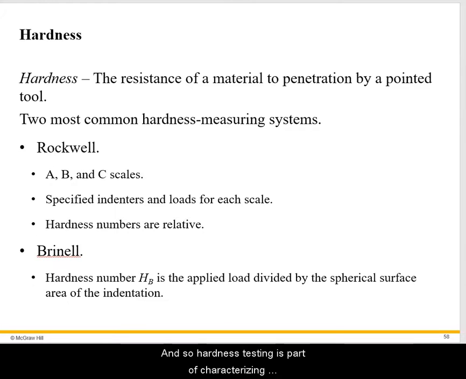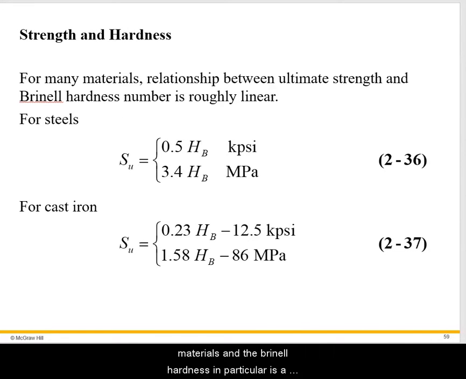Hardness testing is part of characterizing materials, and the Brinell hardness in particular has a roughly linear relationship with the ultimate strength. For steels, it's given in kilopounds per square inch, KSI, or in megapascals here.